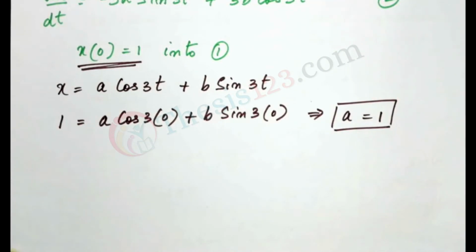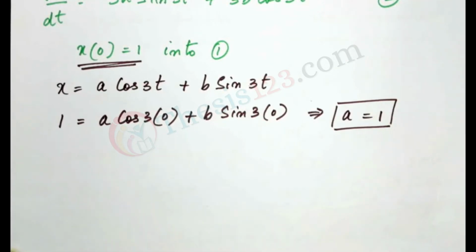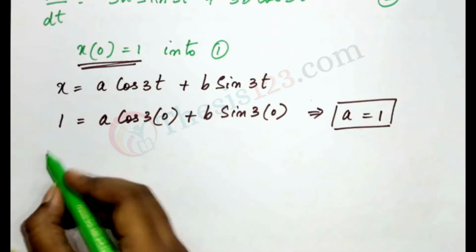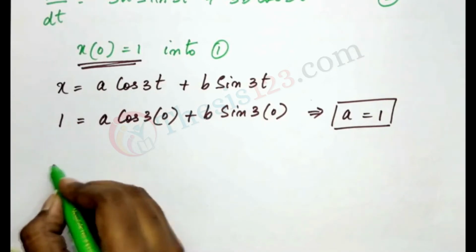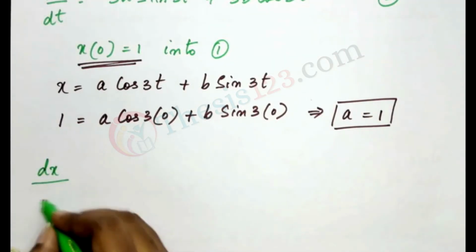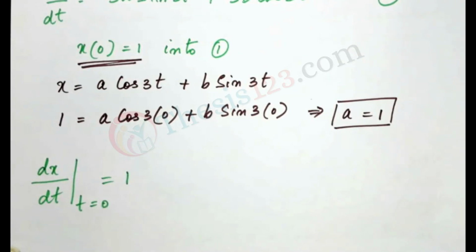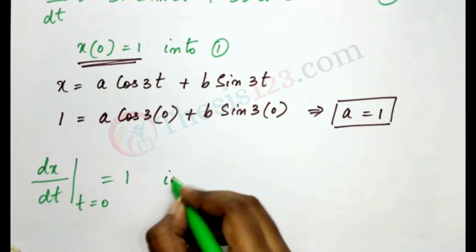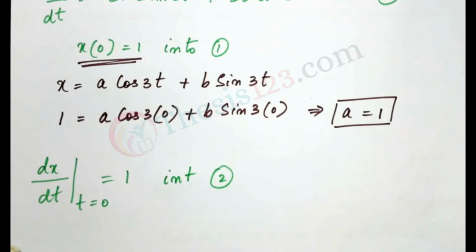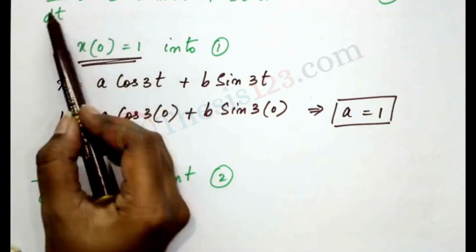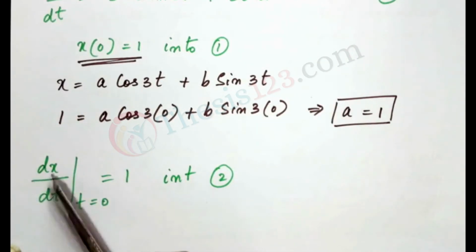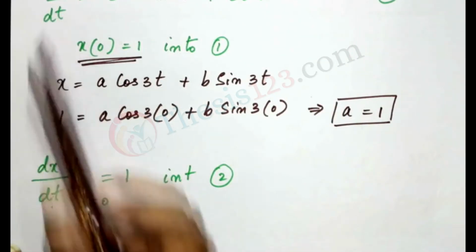Now I use the next condition given: dx by dt at t equals 0 is 1. Let's substitute this into the second equation, because we have the form dx by dt there.